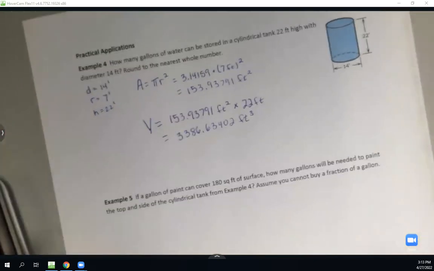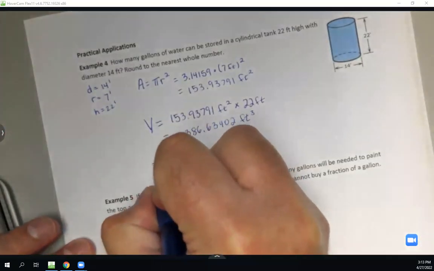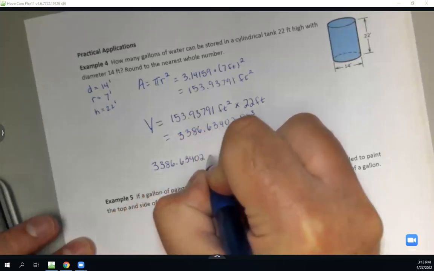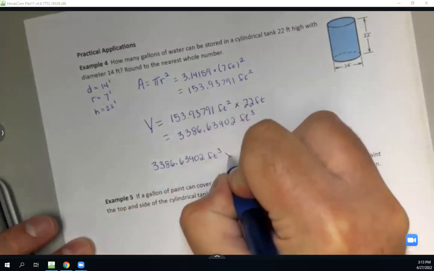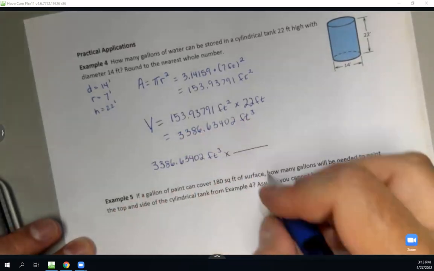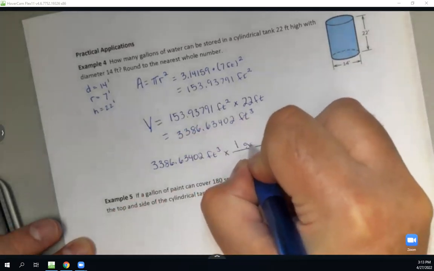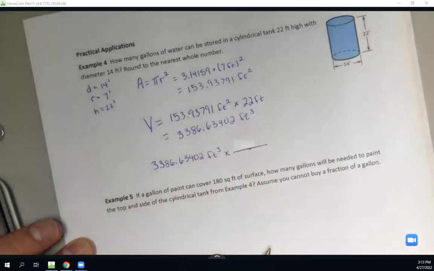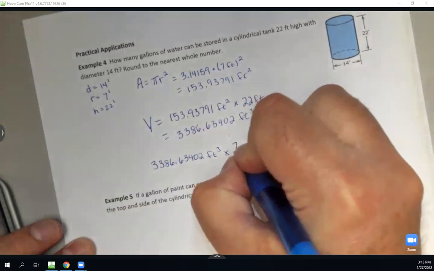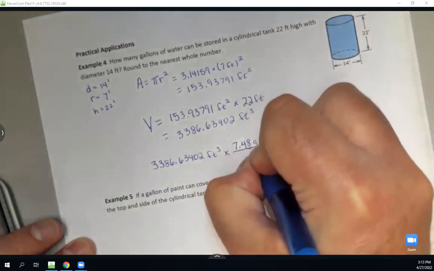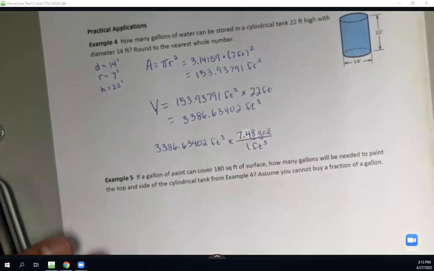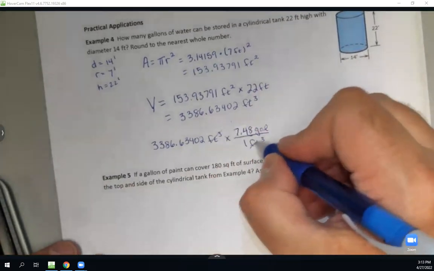So if I take the 3,386.63402 cubic feet and use the multiplier 7.48 gallons in 1 cubic foot, that's going to cancel out the cubic feet.